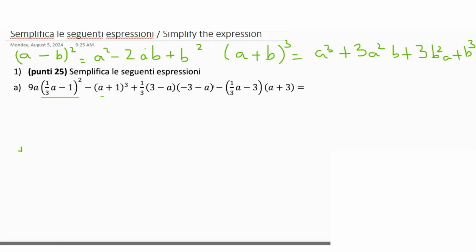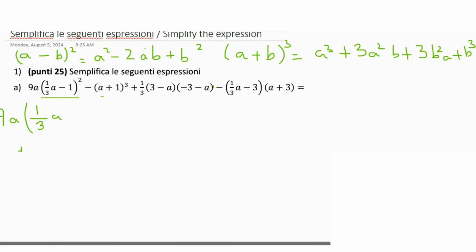All right, now let's work out this problem according to this first formula. So it's going to be 3a, that is according to the formula our a value.